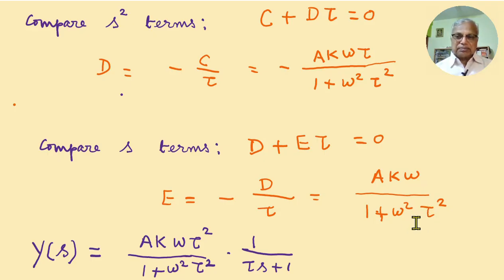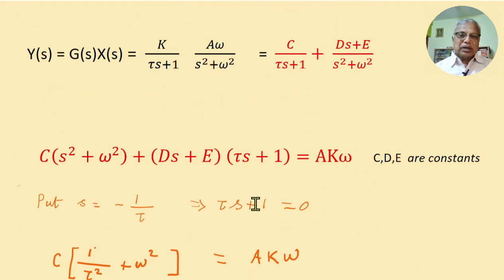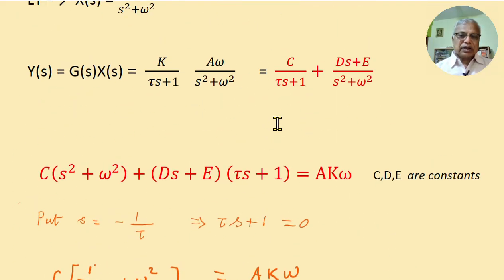Now let me substitute these values of C, D and E in this expression: C by tau s plus 1, and I'll write the other as two terms, Ds by this plus E by this.